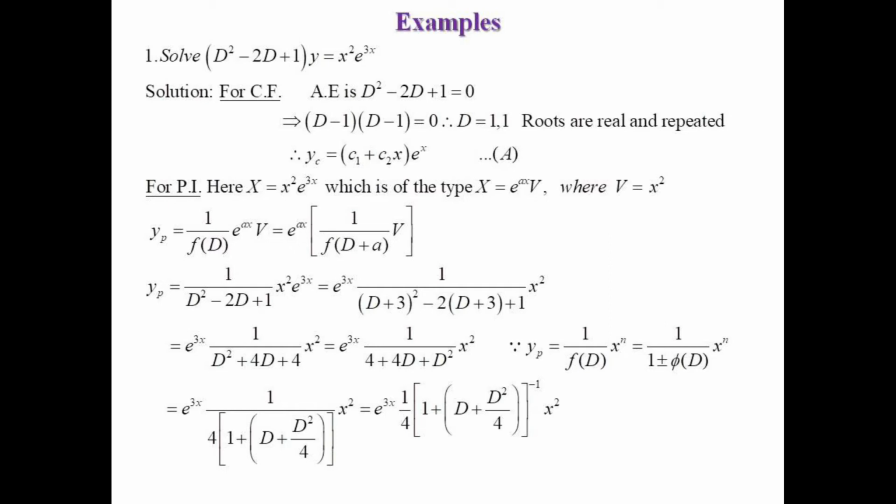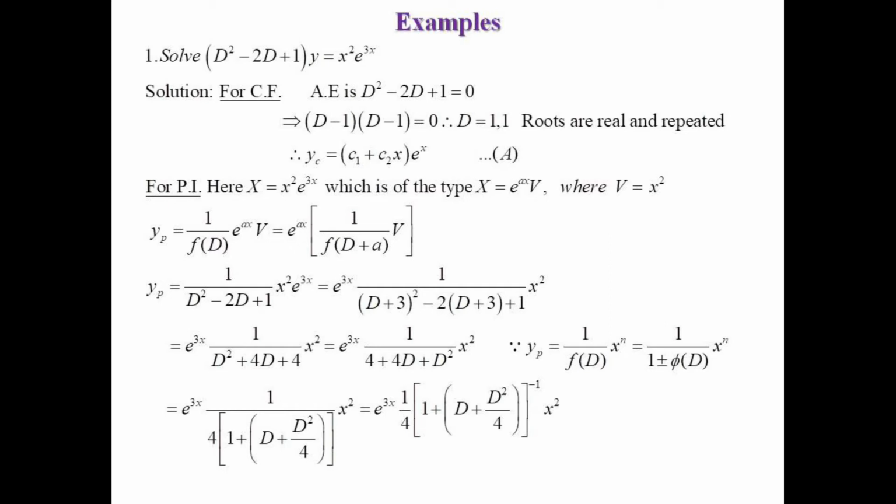For getting 1 as the first term in the denominator, let's reverse the equation. After reversing, it is simpler for us to take 4 common, because if we directly take D^2 common, the calculation may increase. So first reverse the term, then take the constant 4 common, so we get 1 plus the remaining terms: 4D upon 4 is D, plus D^2 upon 4.